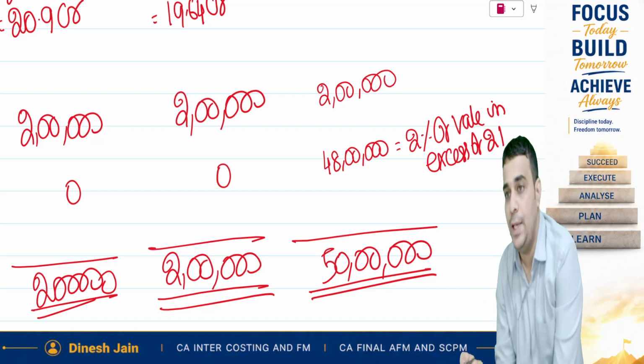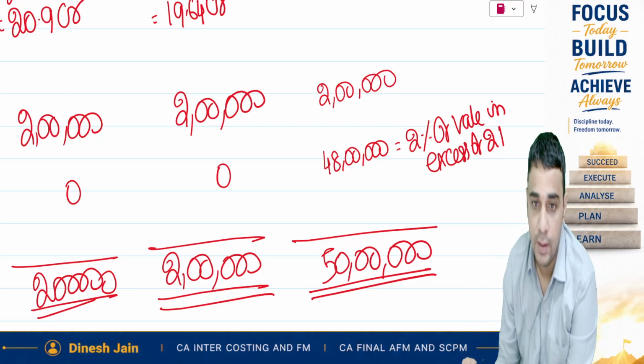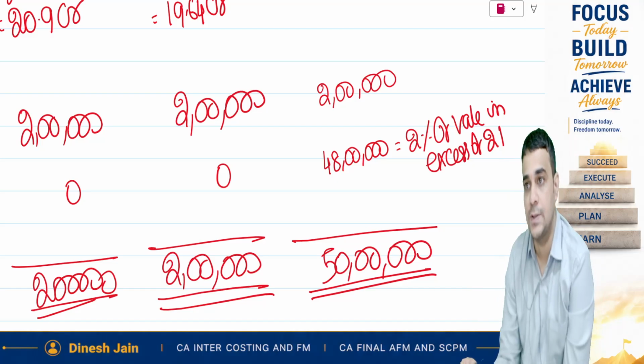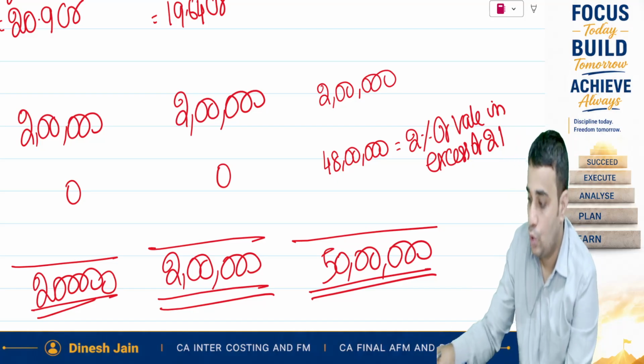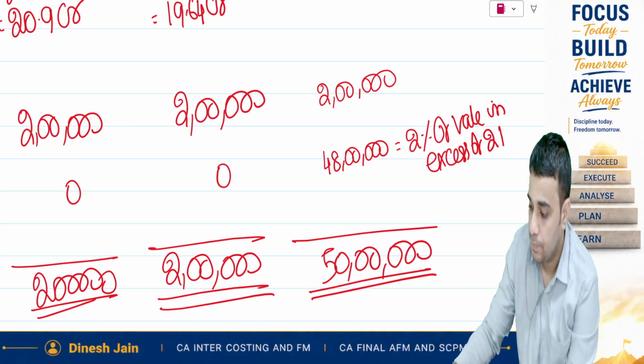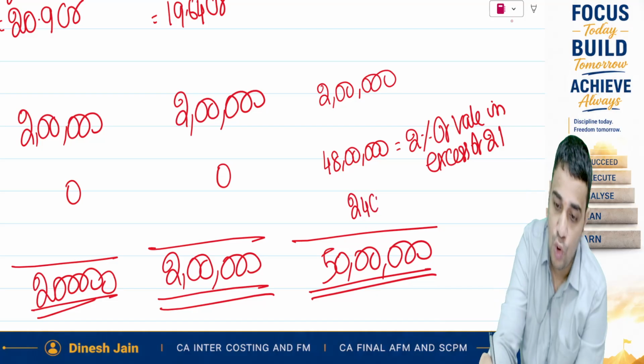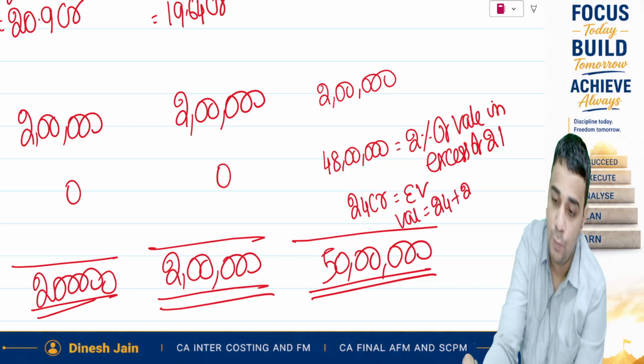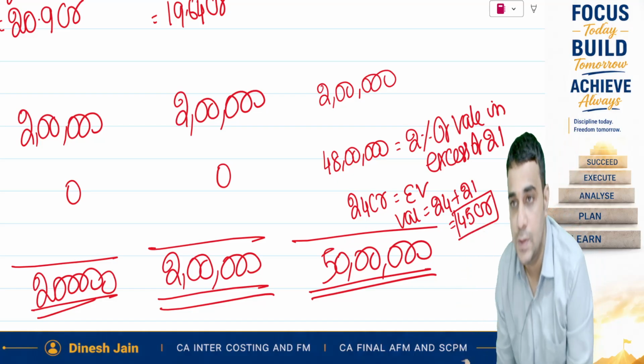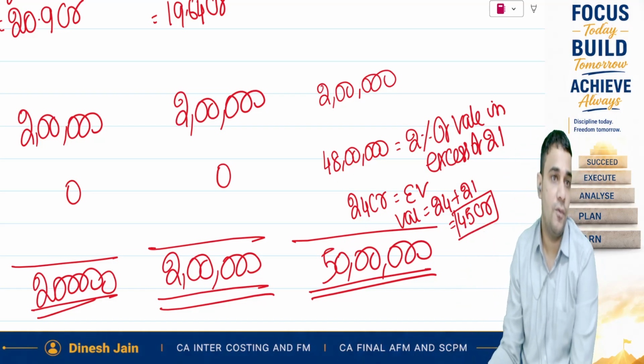This is basically 2% of a 24 crore excess value, and the value is 24 plus 21, so 45 crore is the closing value.